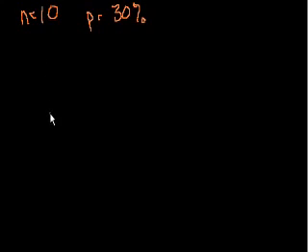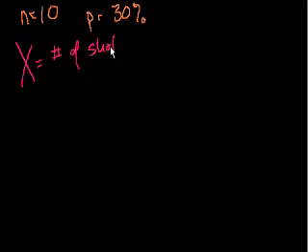And let's define a random variable x, like we always do. X is equal to the number of shots, baskets, I make. And this one's a little bit more interesting than the flipping a coin example, because in the coin example, heads or tails both had an equal probability of happening.